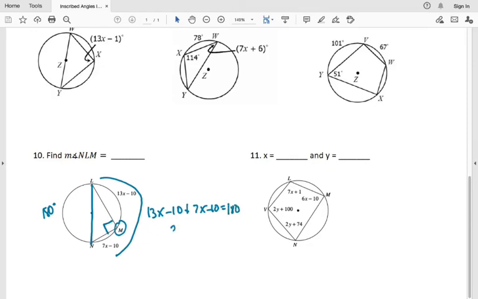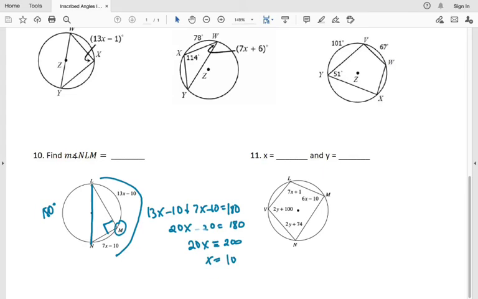So combining like terms, I get 20x minus 20 equals 180. 20x equals 200. And I just wrote that wrong. Sorry. 20x equals 200, so that makes x equal to 10.